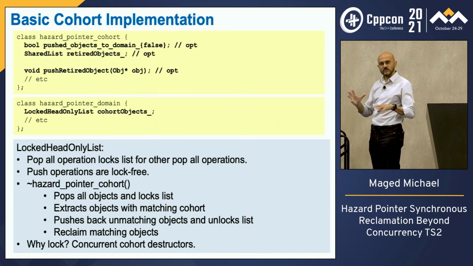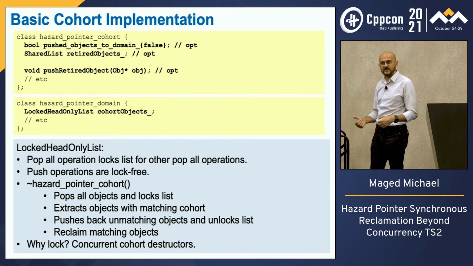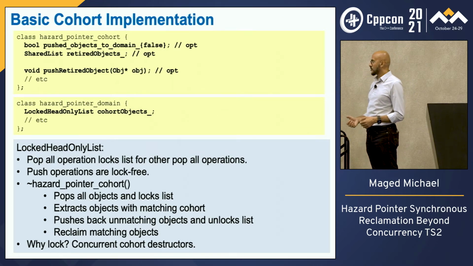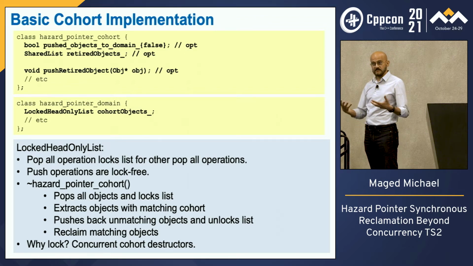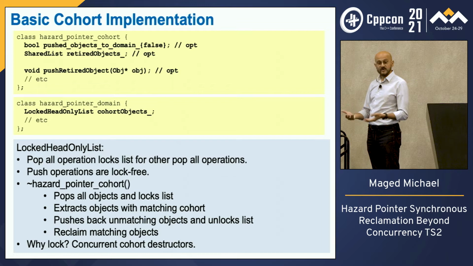So we need to sort them out, and we need to synchronize between these cohort destructions. So the pop operations have to synchronize, but the push operations are lock-free. They can just keep pushing into that set.